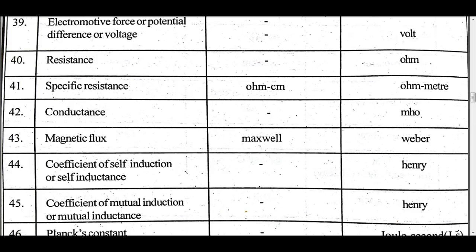For potential difference or voltage or electromotive force EMF, the unit is volts. For resistance, the units are ohms. For specific resistance, that is resistivity rho, the unit is ohm meter, a very important one. Conductance is the reciprocal of resistance, that is 1 by ohm or mho.